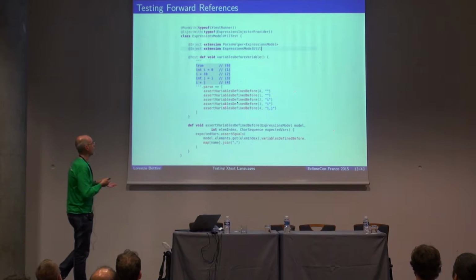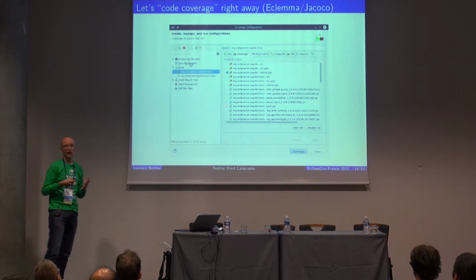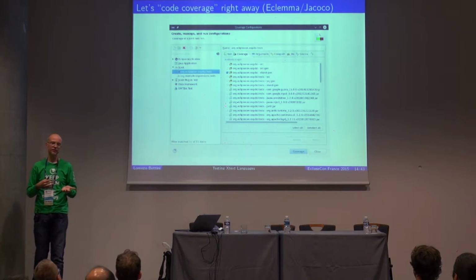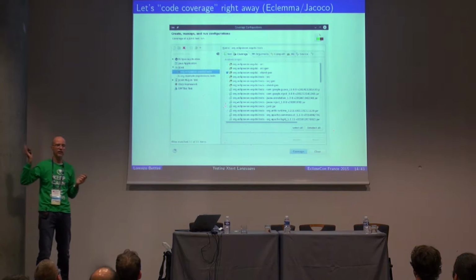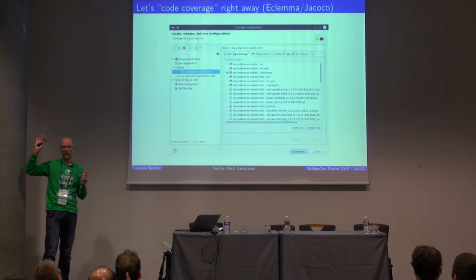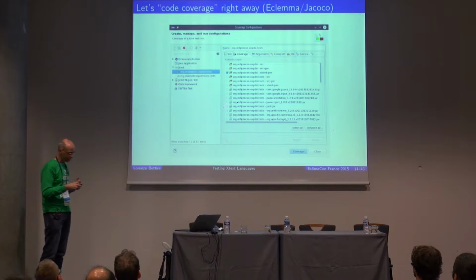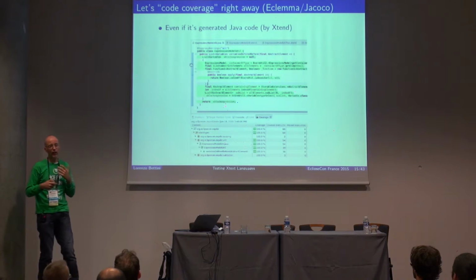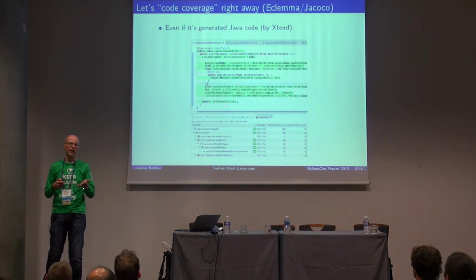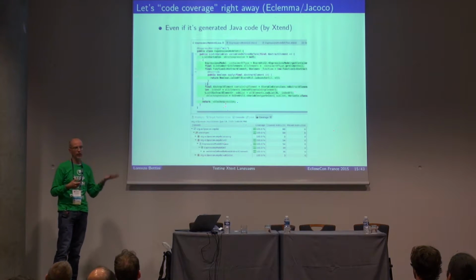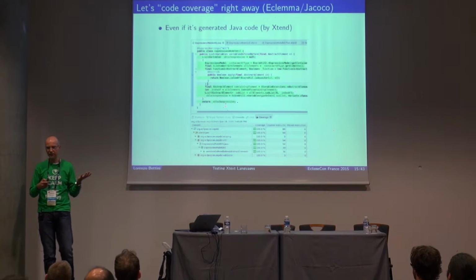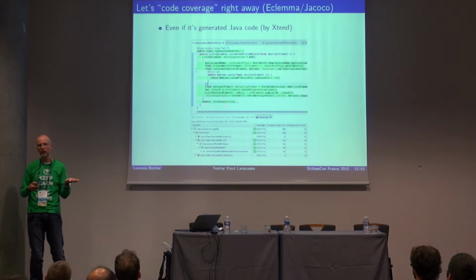And since we're there, why not start to do some code coverage? Do you know EclEmma? Anyone know EclEmma? Okay. So it's the JaCoCo integration into Eclipse. And although we write Xtend code, it's easy to check the code coverage of the generated Java code. So Xtend generates readable Java code.